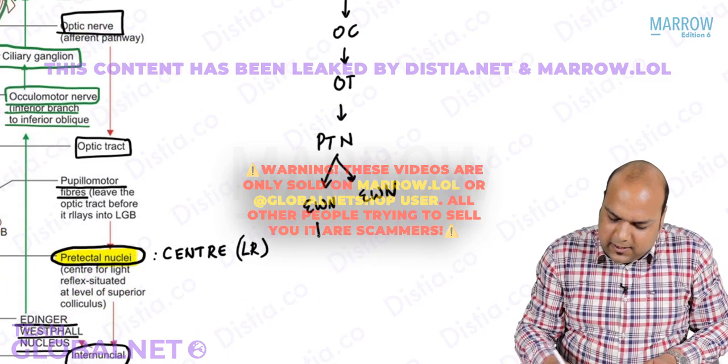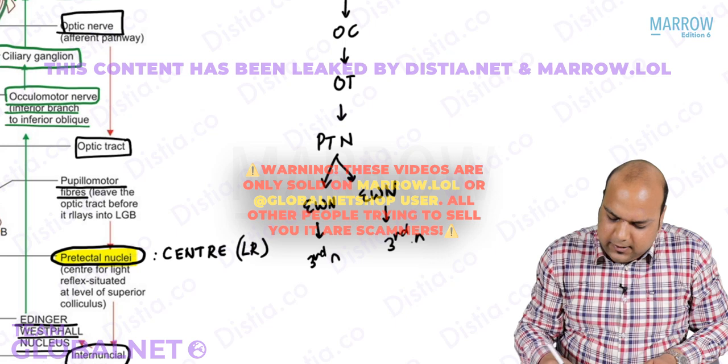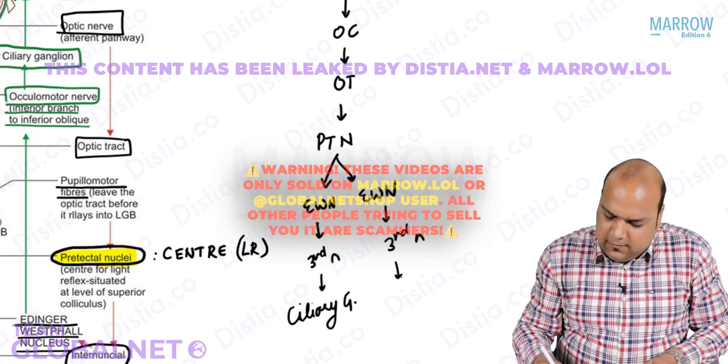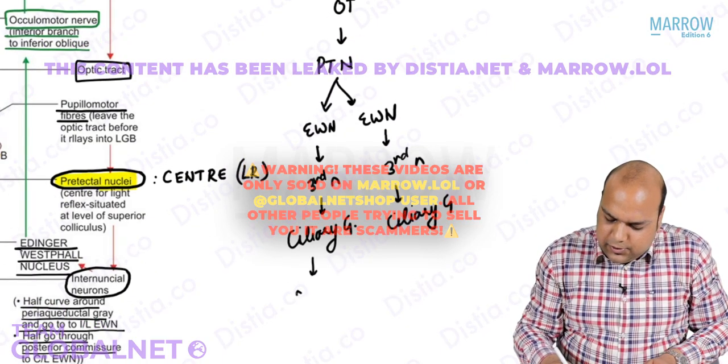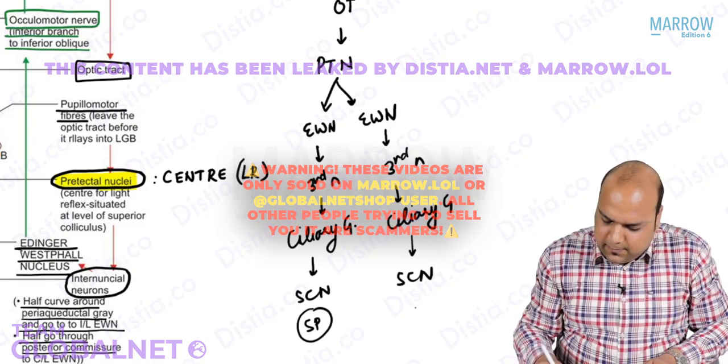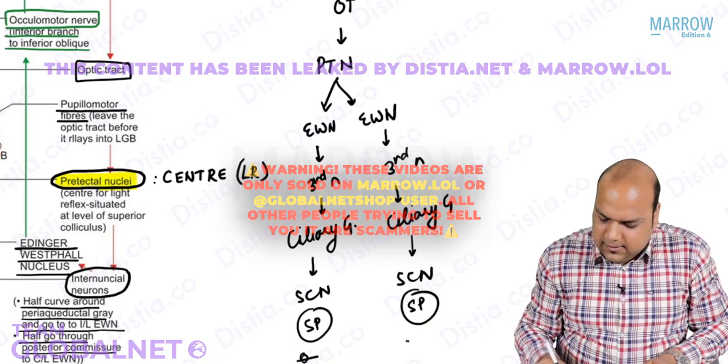From both Edinger-Westphal nucleus, what will occur? Respective third nerve will go to ciliary ganglion. From the ciliary ganglion, short ciliary nerve will ultimately innervate the sphincter pupillae, and thus both the pupil will constrict.